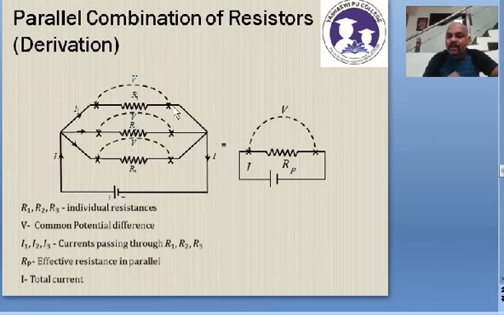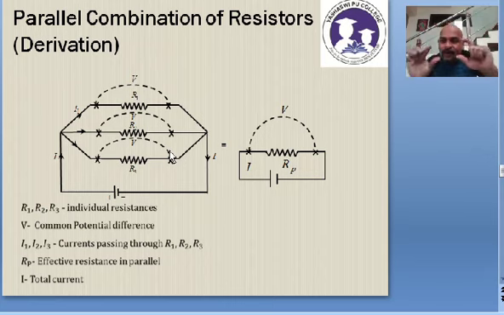Therefore, all the other ends of the resistors are at a lower potential, same lower potential. So left ends of all the resistors are at a higher potential, right ends of all the resistors are at a lower potential. Therefore, the potential drop across all the resistors remains same, and the current varies, current divides.